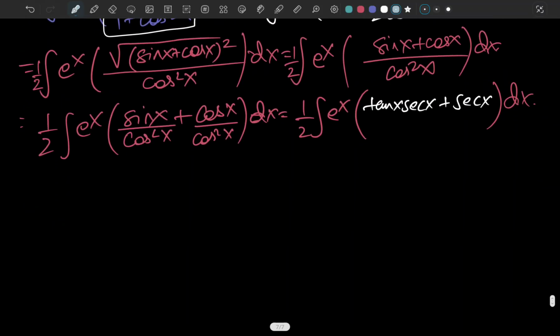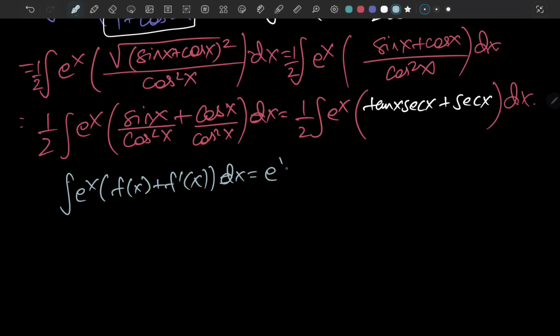Again, as we started with this important identity, that the integral of e to the x times f of x plus f dash x dx is e to the x f of x plus c.